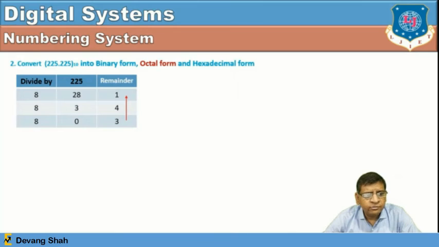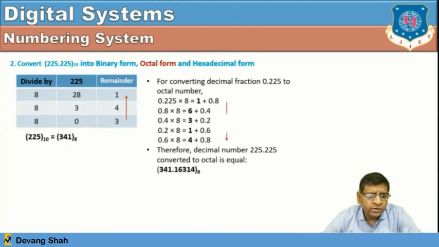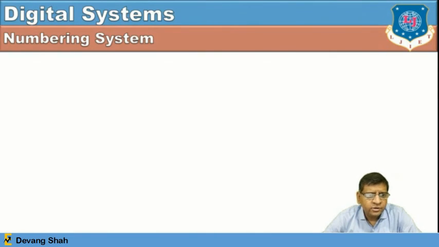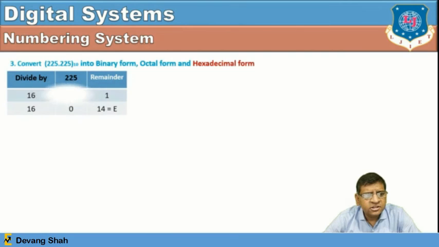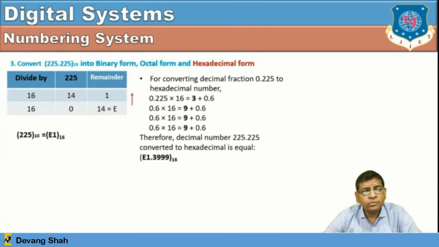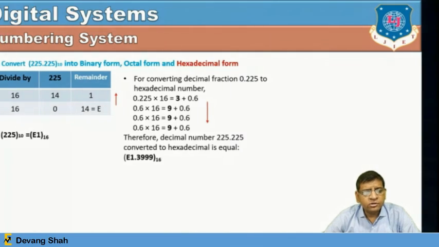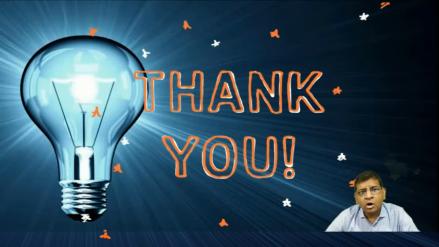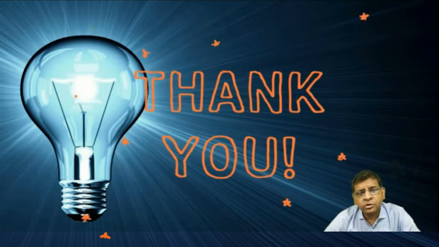The method is the same, and once you follow it you will find the result is 341.16314 in octal, right? The same number you convert into hexadecimal the same way. We will not discuss it much, but you can observe the example, and based on that you should understand how we can convert one numbering system into another.